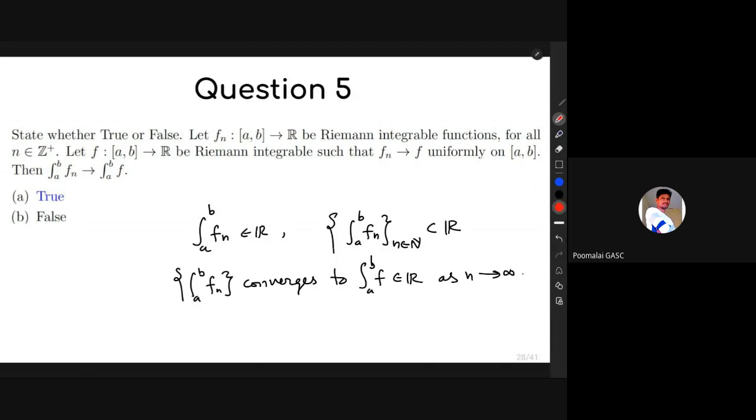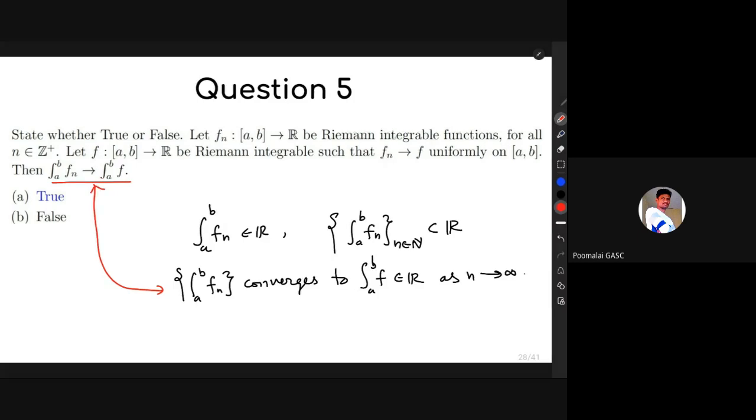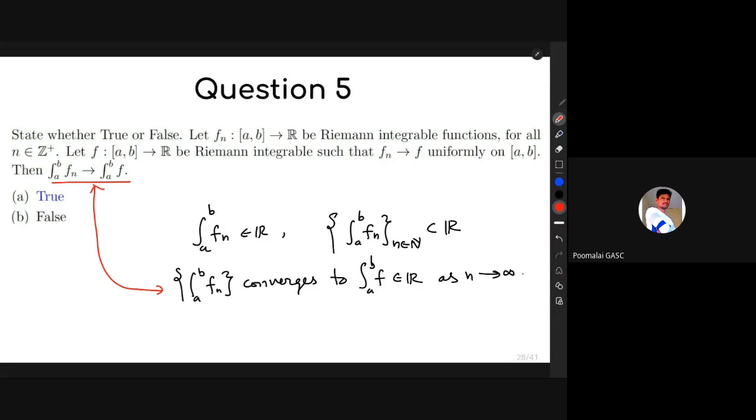So this is what this symbol means. These small things are important for your own understanding of the subject. That's why I'm mentioning it separately.